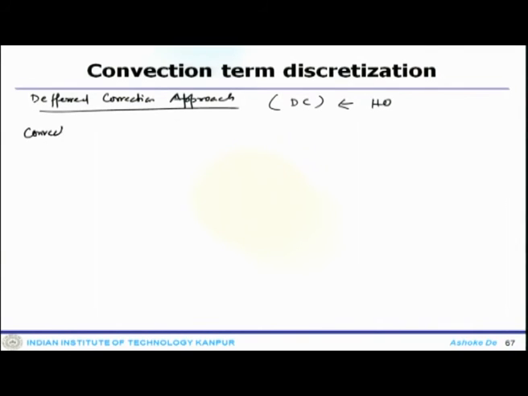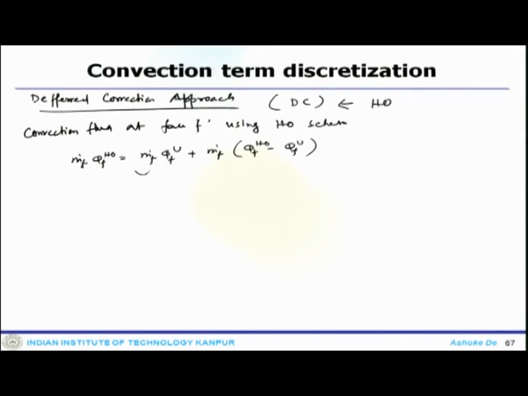So, if you are writing the convection flux at face f using a higher order scheme, then you can write m dot f phi f equals m dot f phi f upwind plus m dot f (phi f higher order minus phi f upwind). So, the first term is implicit and the second is explicit, where U stands for upwind and HO is the higher order scheme.